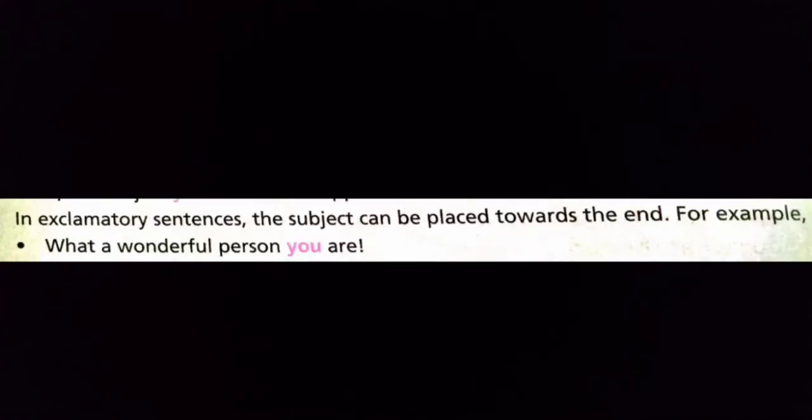In exclamatory sentences, the subject can be placed towards the end. For example, what a wonderful person you are. See the position of subject. You comes at the last part of the sentence.